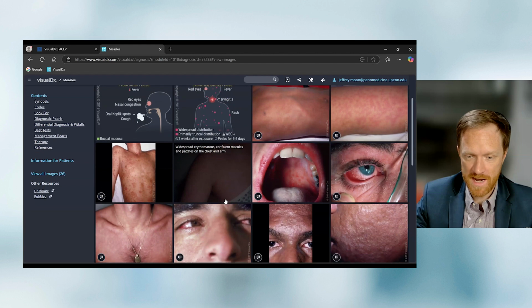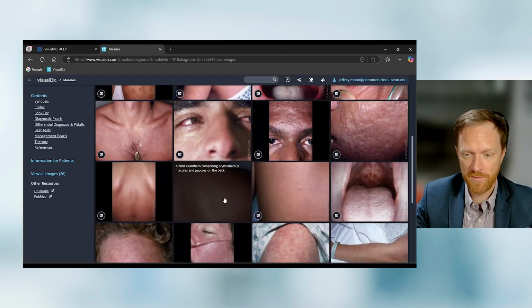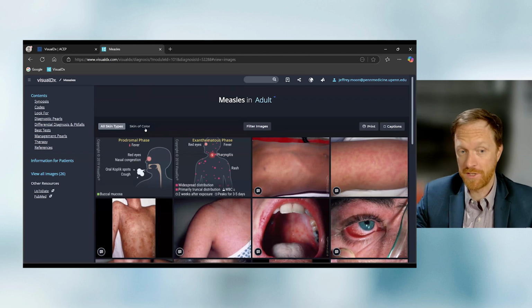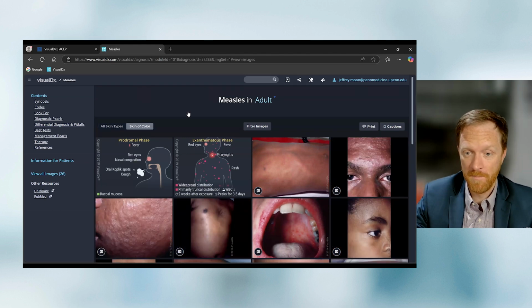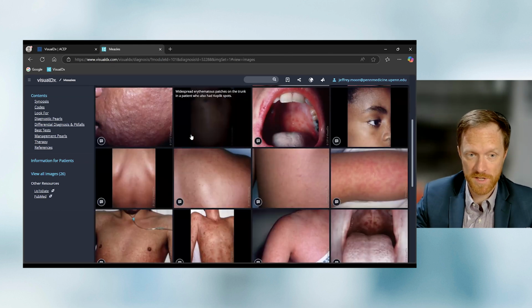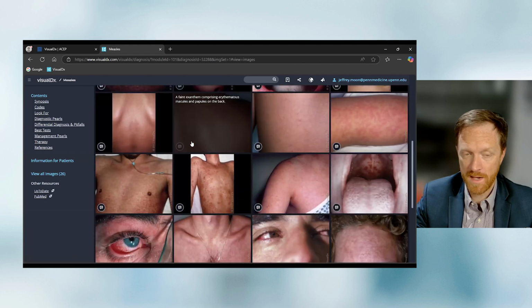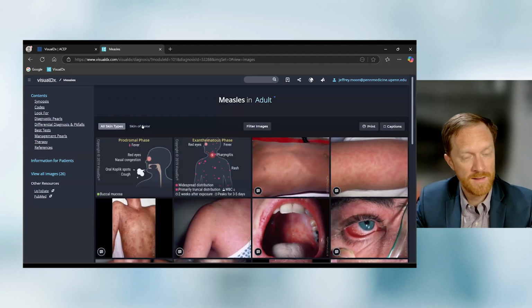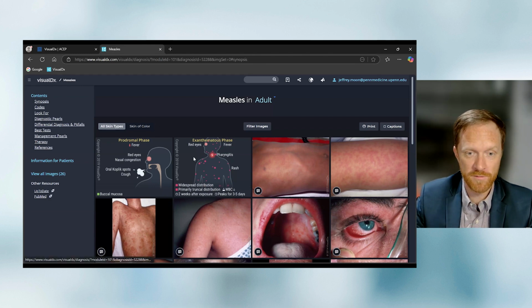That's what's really nice about using this software, is that you could click through. These are high quality images. If your patient's black, you could click here, and it just shows patients with skin of color. It's also really nice in that it aligns what you may see in the ED with what are considered, I think, very good resources.